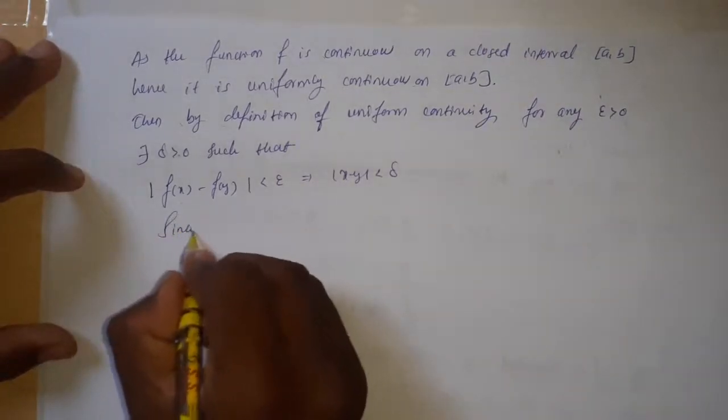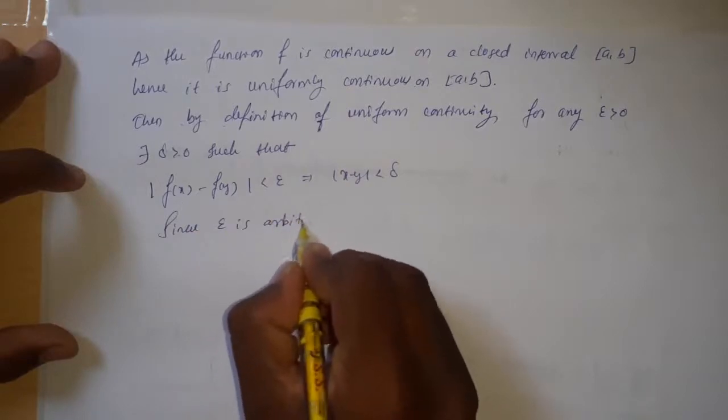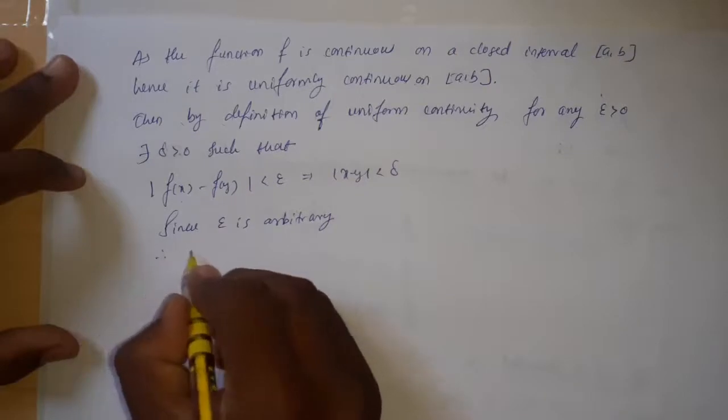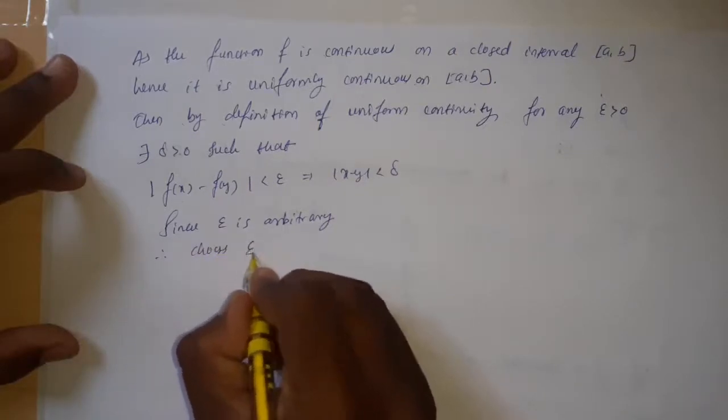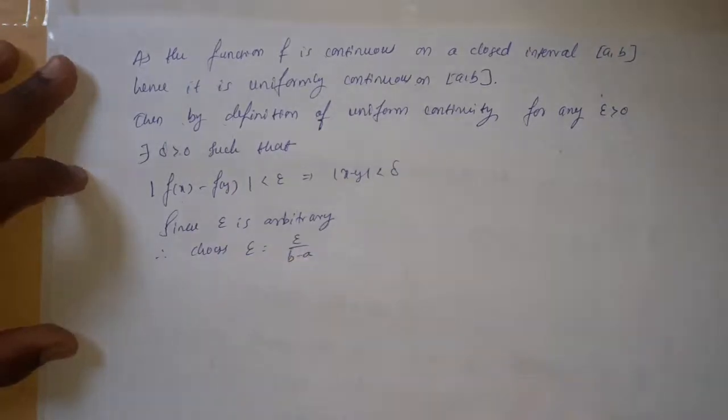Since epsilon is arbitrary, therefore choose epsilon equal to epsilon divided by b minus a.